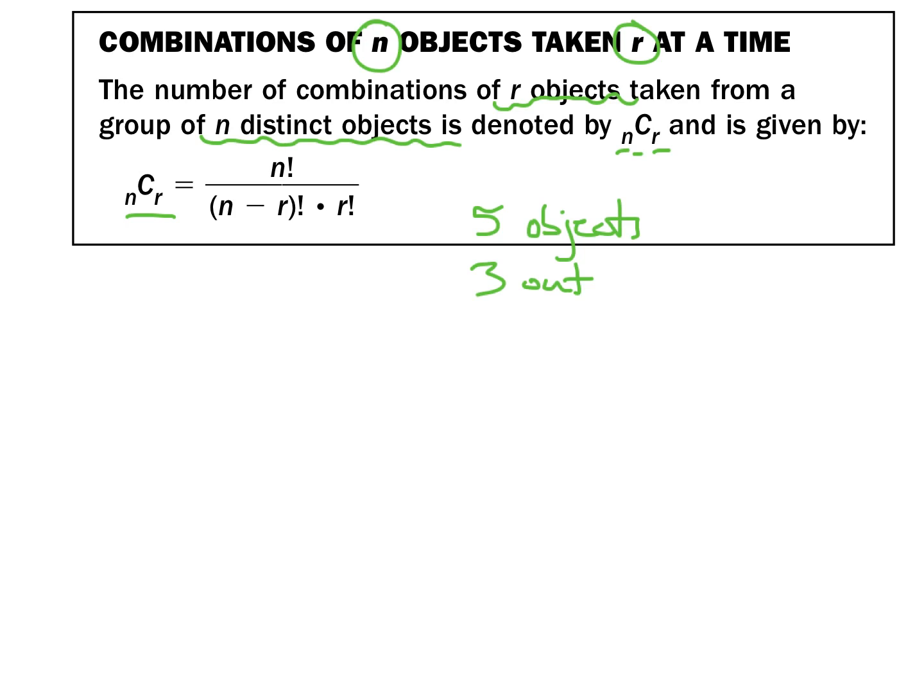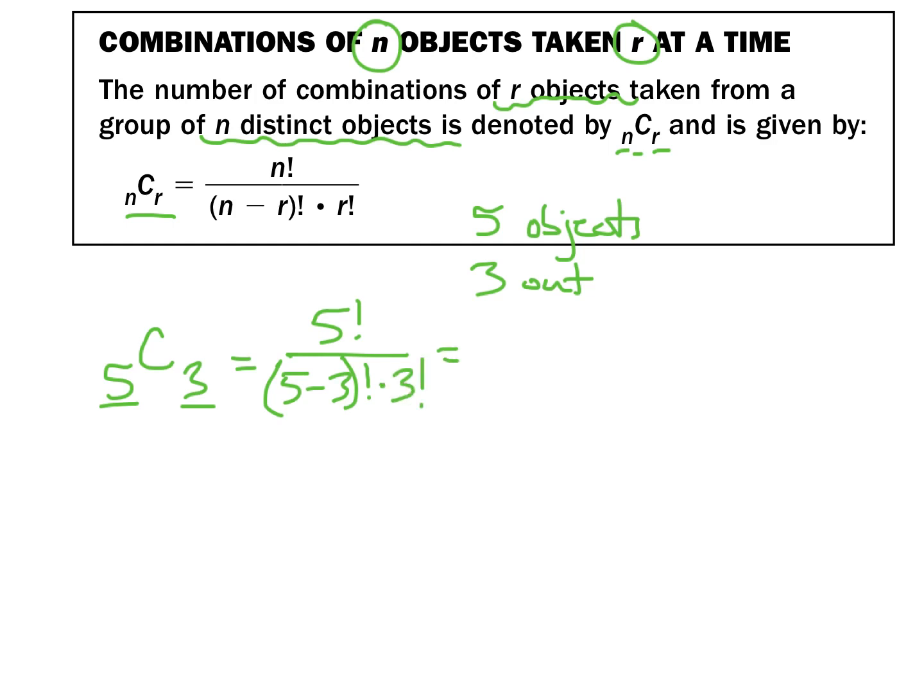So we would abbreviate that 5C3 because we are taking out r number of objects out of 5 total objects, and that would be equal to n factorial, so 5 factorial over 5 minus 3 factorial times 3 factorial.